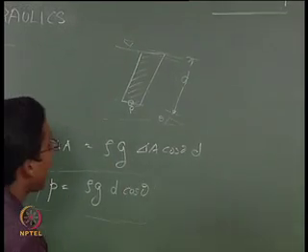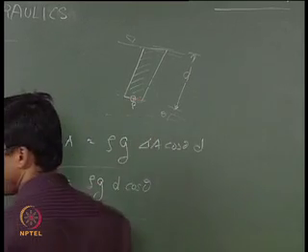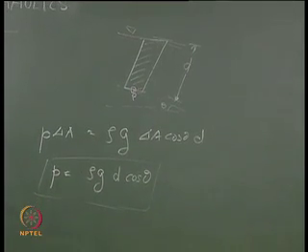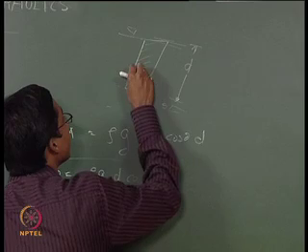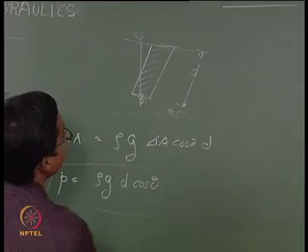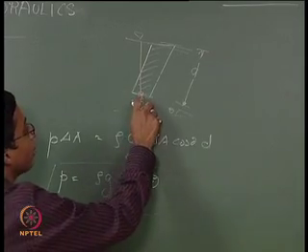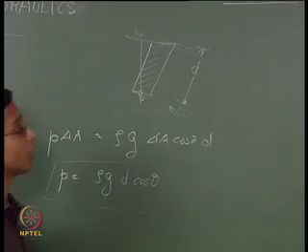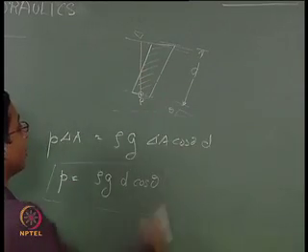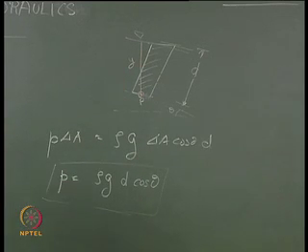Now, how far is this point P from the free surface in the vertical direction? If you mark it like this, now you are getting a better picture. This point P is this much distance from the free surface of water. Let me mark that quantity as y.